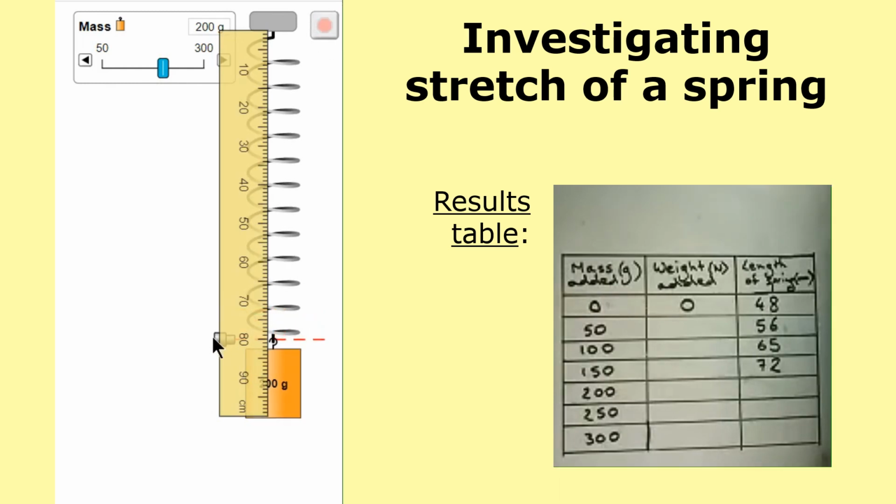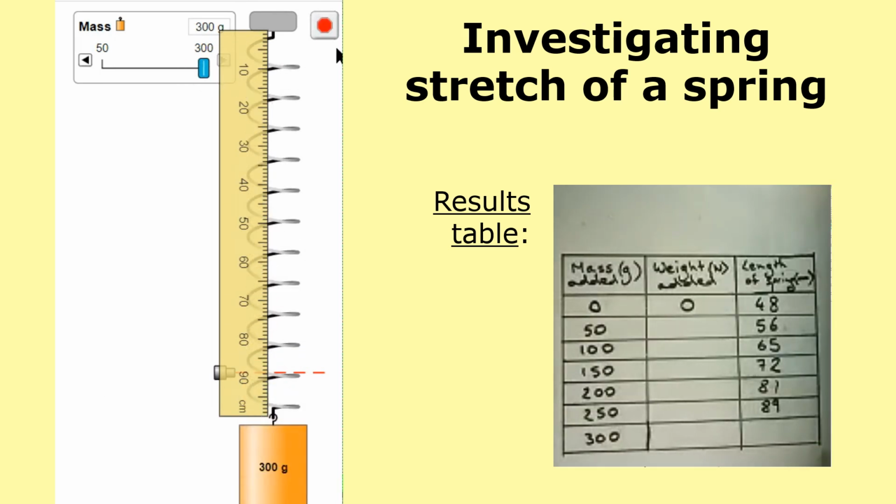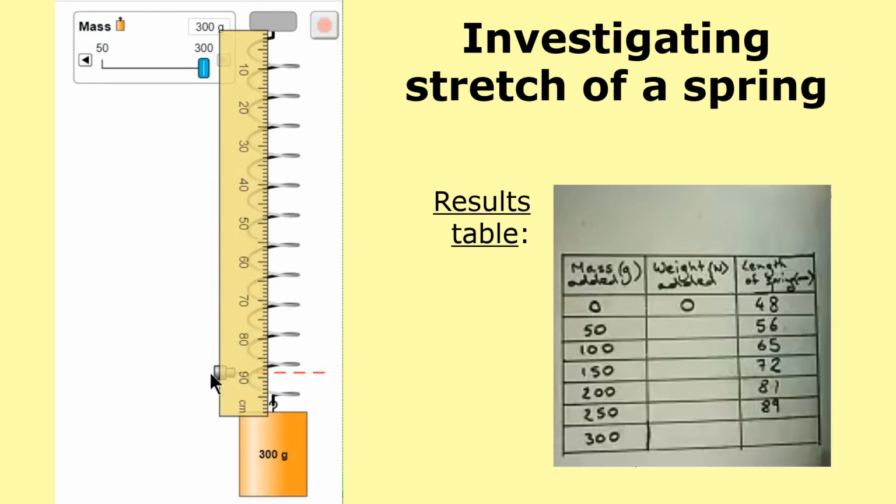The new length of the spring now is 81 millimeters. 250 grams. And the new length of the spring is 89 millimeters. And then the last one, 300 grams. Oh, we might just be able to do this. Just getting to the end of our ruler. The new length of the spring is 97 millimeters. Brilliant. So there are our results.